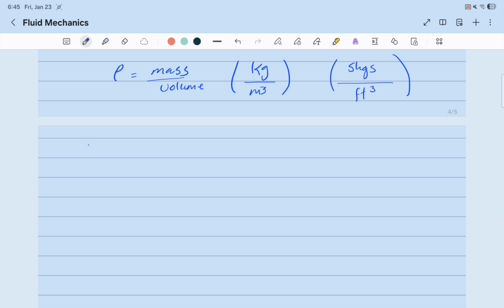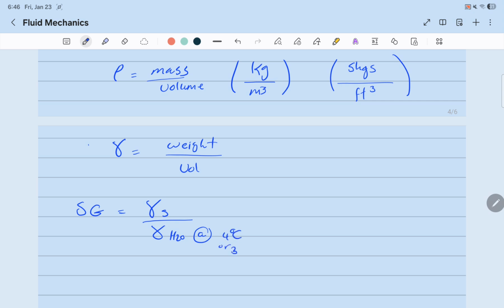Okay, another main property is specific weight. Gamma equals weight over volume. Okay, specific gravity is a ratio used to compare the specific weight of a certain substance with the specific weight of water at 4 Celsius or 39 Fahrenheit.